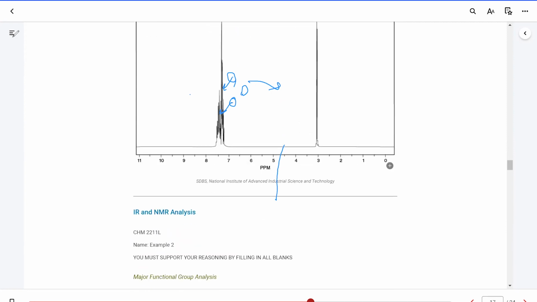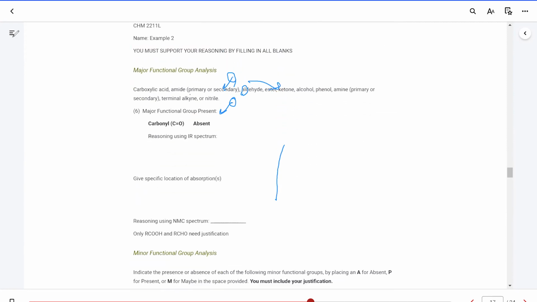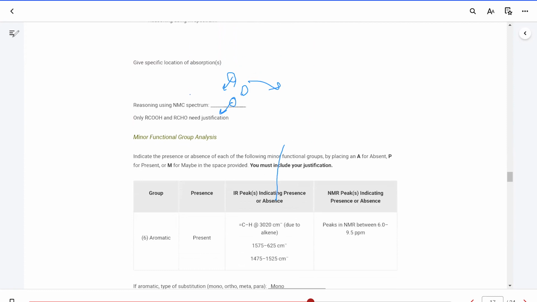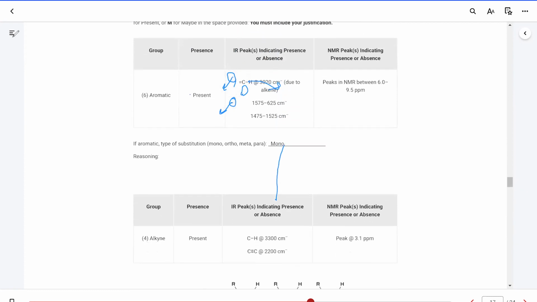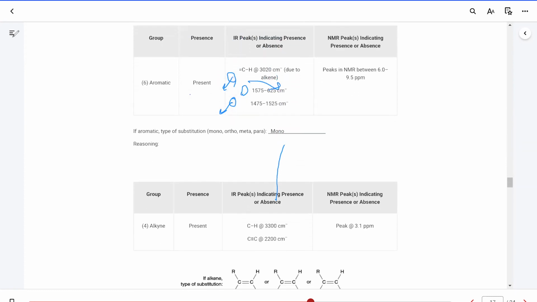Here is another IR and NMR example. So you would check that if you have a peak over 3000, that means alkene is present. If you have a peak around 1600 and 1500, then that means you have an aromatic compound.